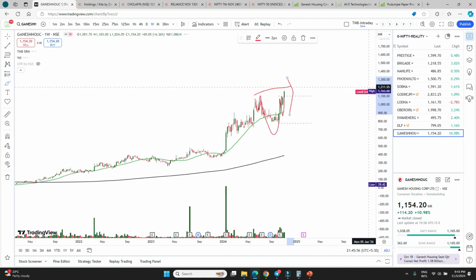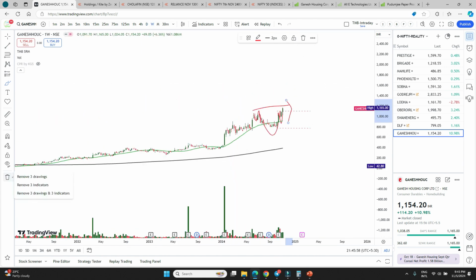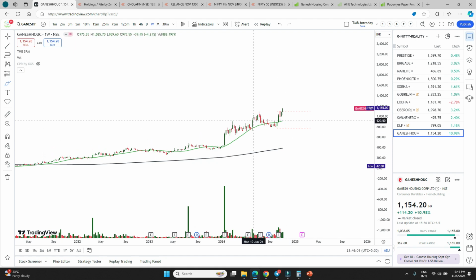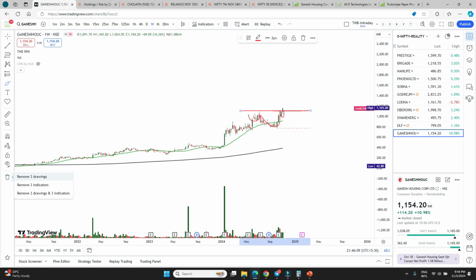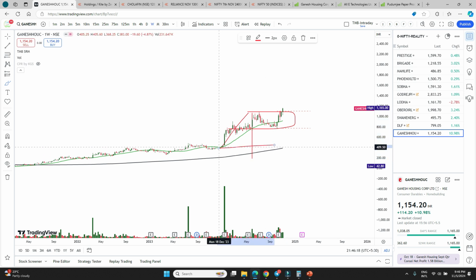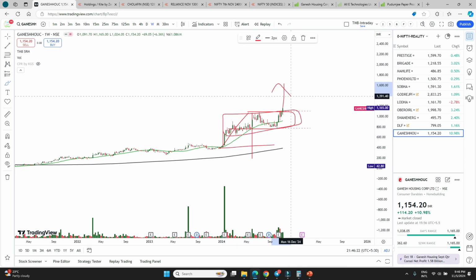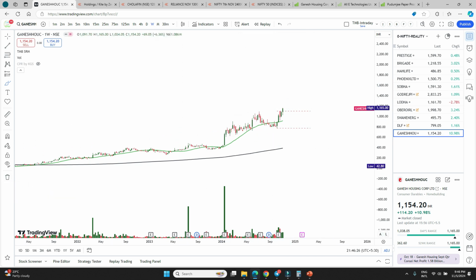If we go to the higher time frame, it went here, some small retracement, or you can say rectangle. This is the flag. It went up, took some consolidation, and broke out. This is how all the chart patterns work.